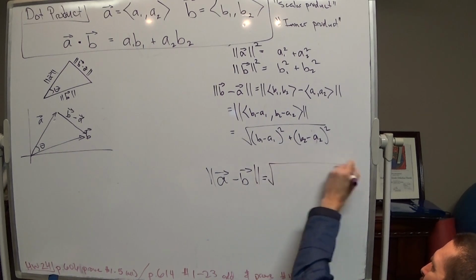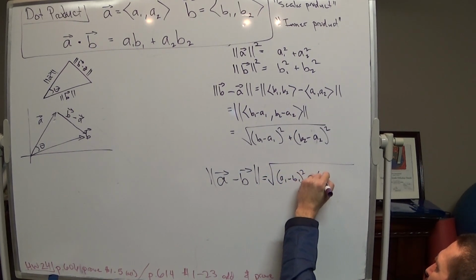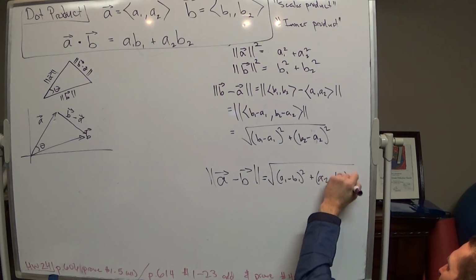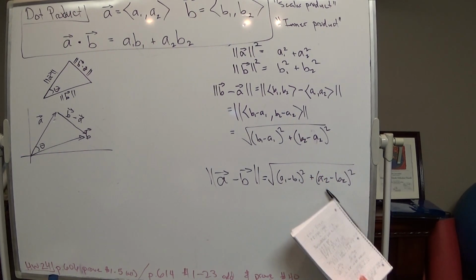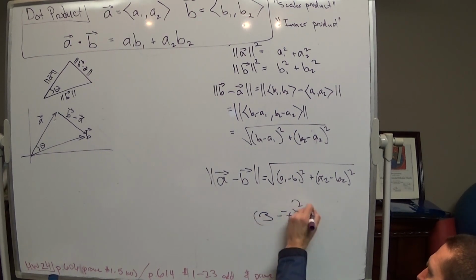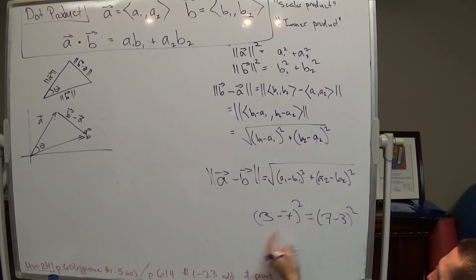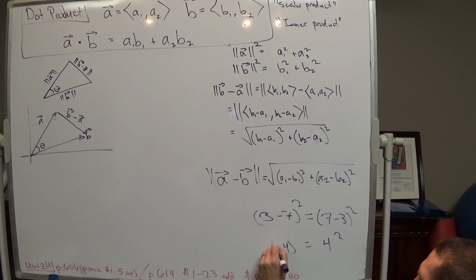So you would have ended up with a1 minus b1 squared plus a2 minus b2 squared, which doesn't matter, right? Because when you square something, 3 minus 7 squared is exactly the same thing as 7 minus 3 squared, because one's just the negative of the other. One's 4 squared and the other one's negative 4 squared. And so when you square it, it doesn't matter.